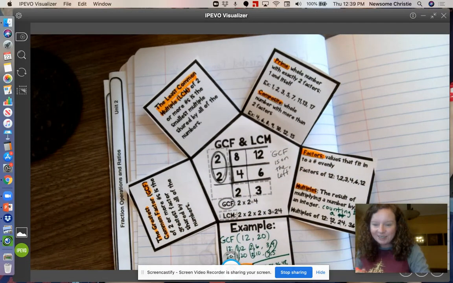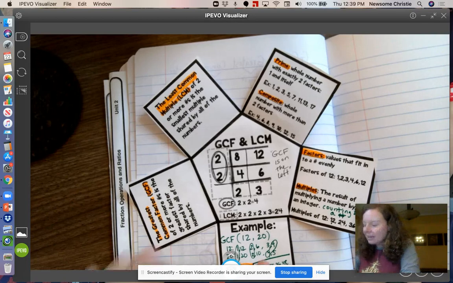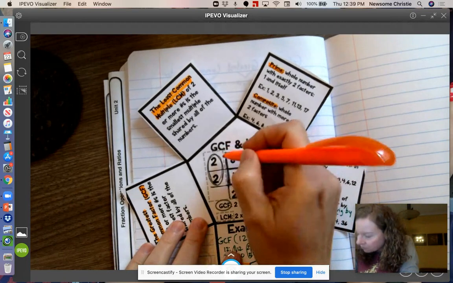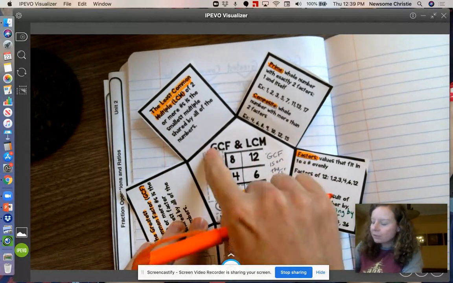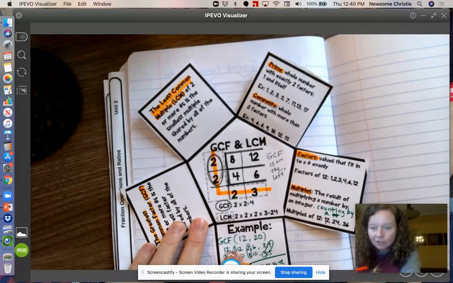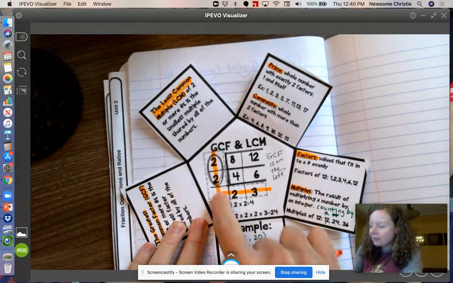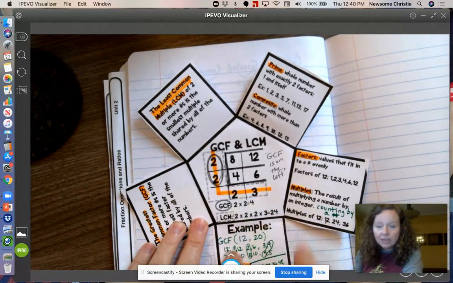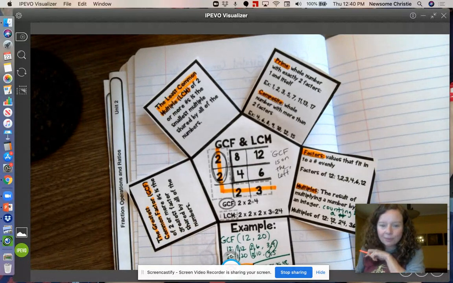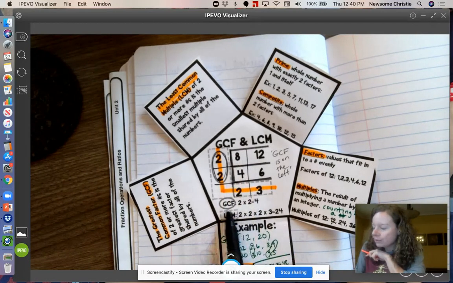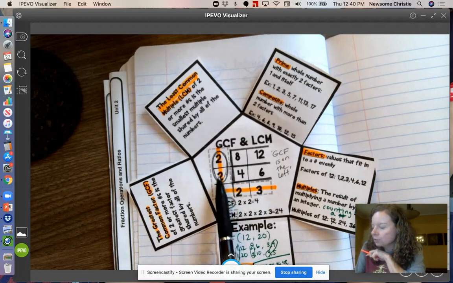And then here's the cool thing about LCM. LCM begins with an L. And so if you do an L on your grid, whatever is on the left and the bottom in that L shape, you multiply that together to get your least common multiple. So for 8 and 12, the GCF is 4 because 2 times 2 is 4.